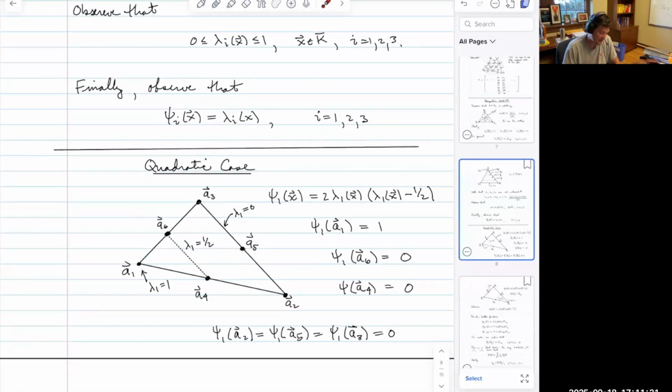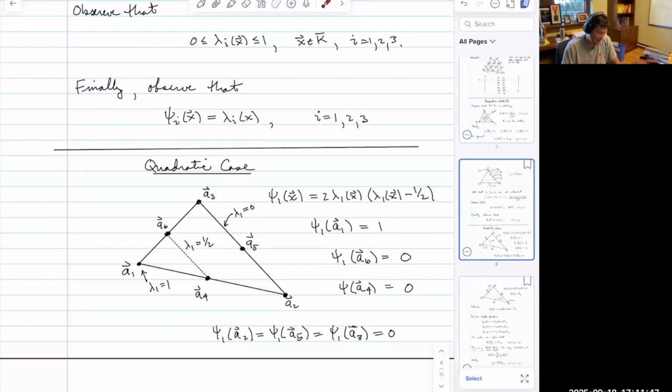So for the quadratic case, what do you think the local basis elements look like? Well, remember we said that they have to satisfy that if I evaluated local node A3, psi 3 at A3 should be 1, and it should be 0 at all the other guys. Okay? So let's think about that.